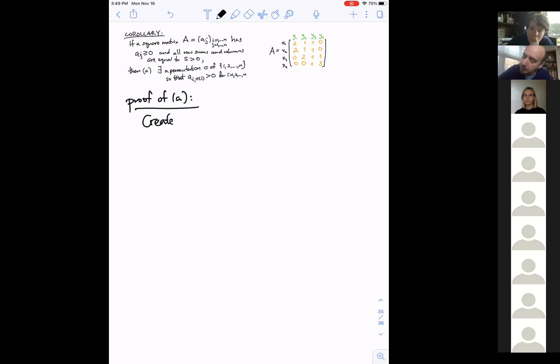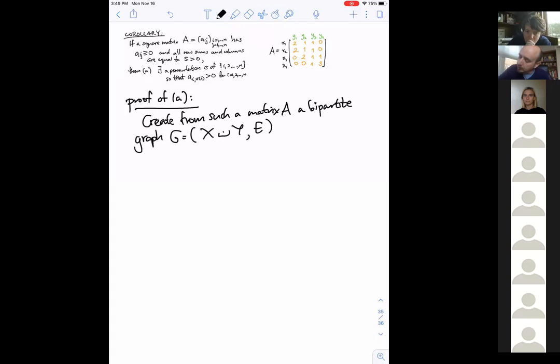Create from such a matrix A a bipartite graph G, so it's got X disjoint union Y, E, and this is just your row indices X1 through Xn, your column indices Y1 through Yn, with edges.